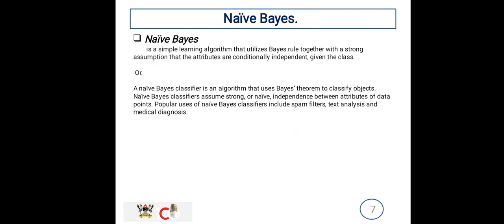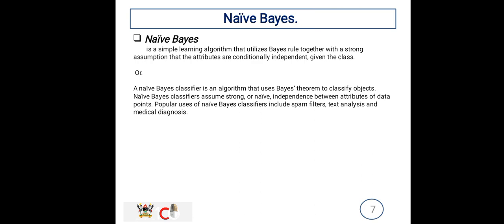Then naive Bayes. This is a simple learning algorithm that utilizes Bayes' rule together with a strong assumption that the attributes are conditionally independent given the class. Naive Bayes is a classifier.